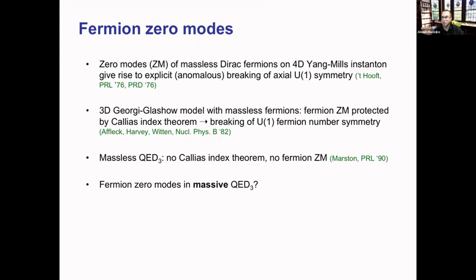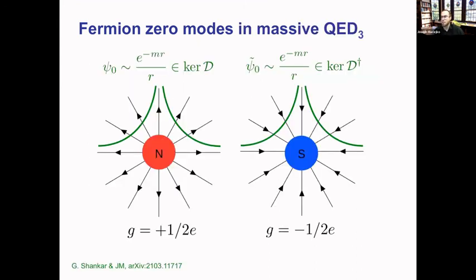We did not find any index theorem, but we simply solved the problem explicitly, solving the Dirac equation in Euclidean spacetime for zero modes, and we find indeed that there are fermion zero modes that are exponentially bound to the instanton or the anti-instanton, and the localization length is inversely proportional to the fermion mass, explaining in hindsight why Marston did not find any normalizable zero modes in the massless case.